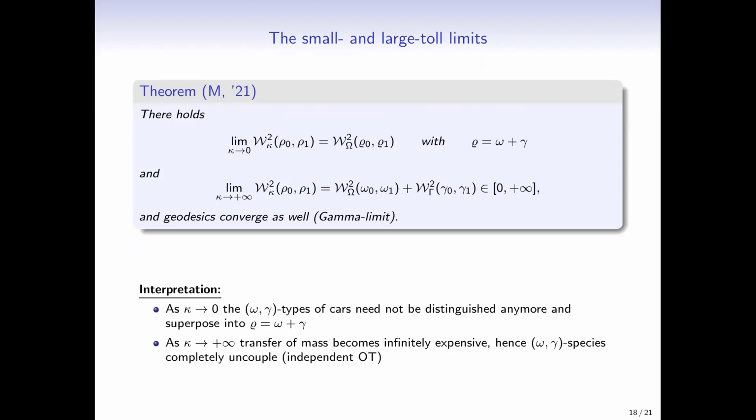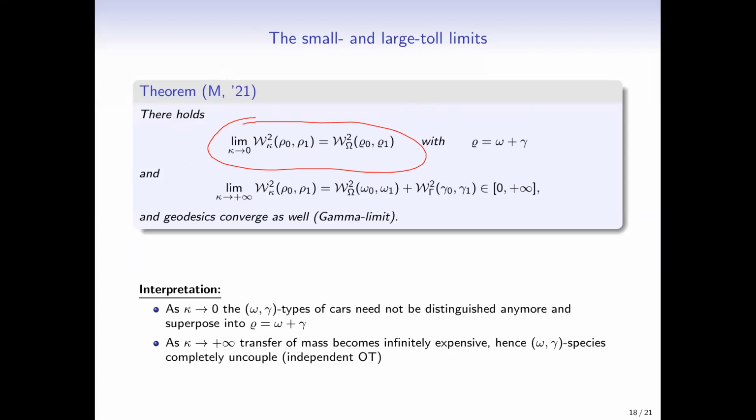So the first result is that when you send kappa to 0, the ring road distance converges to the Wasserstein distance in the whole domain between the total densities of cars. This calligraphic rho is just the sum, omega plus gamma. And this is very natural. This should be expected. Why? Because when kappa goes to 0, the cost that red cars need to pay to enter the road becomes negligible.